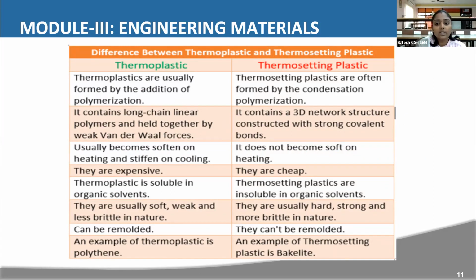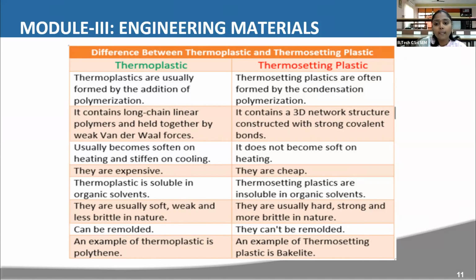Thermosetting plastics contain a 3D network structure constructed with strong covalent bonds. Thermoplastics usually become soft on heating and stiffen on cooling.